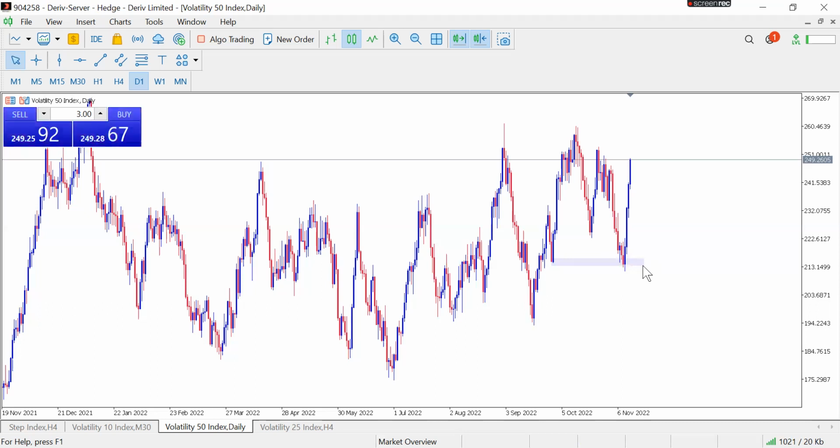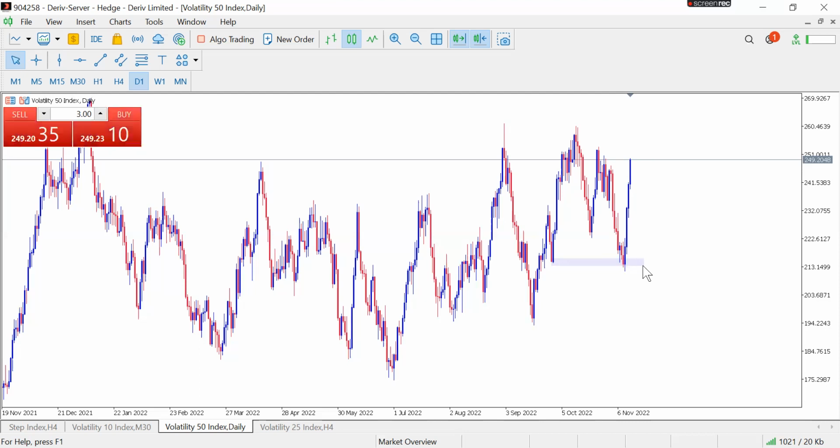Because remember, I said before that if you identify a zone, or a trading signal, from a higher time frame, that signal is more valid than a signal you identified on a smaller time frame, because the market is on a long-term movement. So if you identify a buy on a big time frame, and it's correct, that signal is valid.